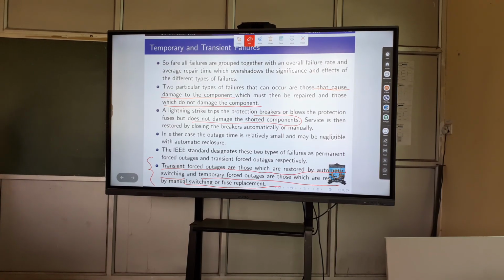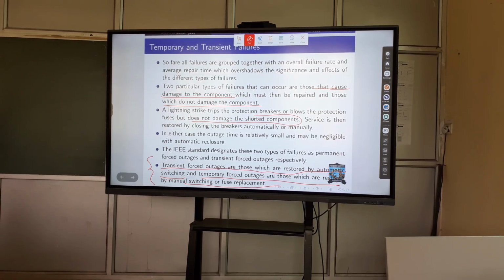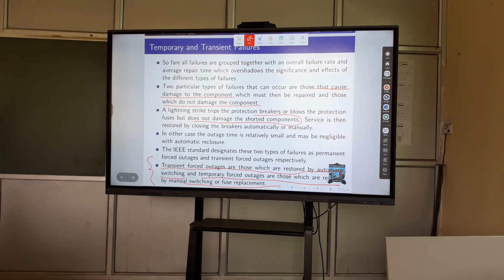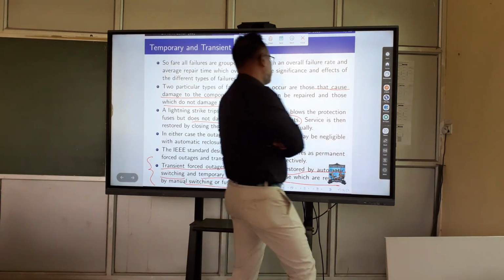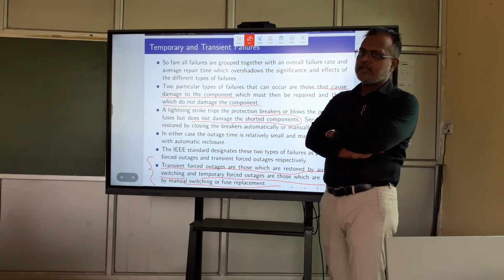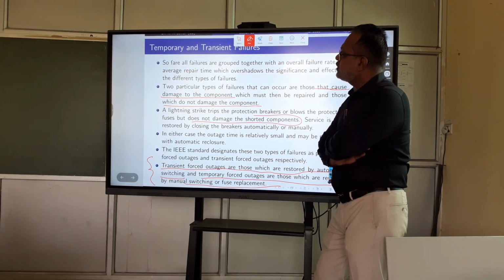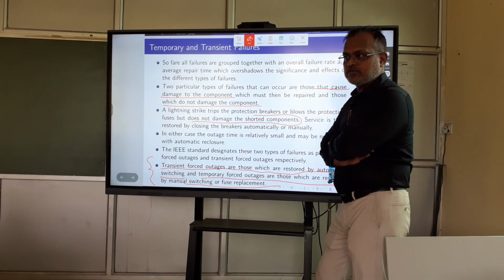And this is the definition of it. Okay. So this is point number 3. First is inclusion of scheduled maintenance. The second one is coordinated and uncoordinated scheduling. And the third one is temporary and transient failures.